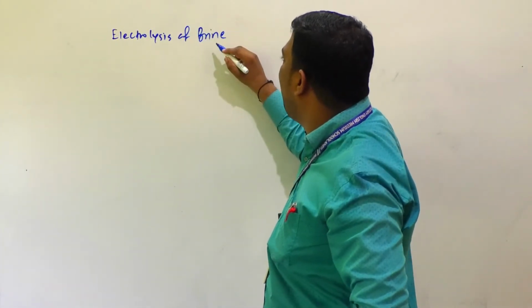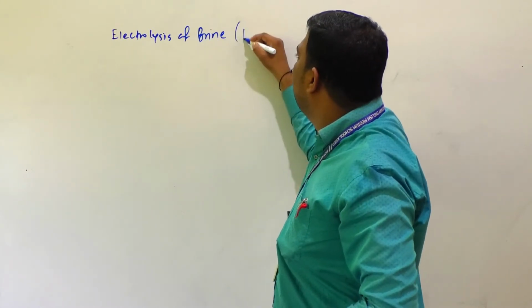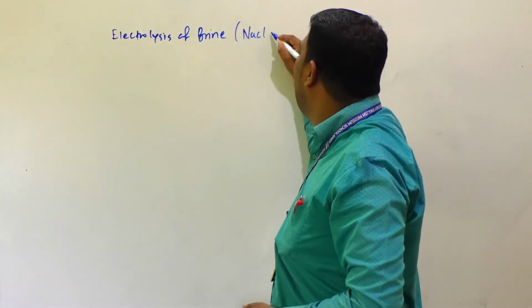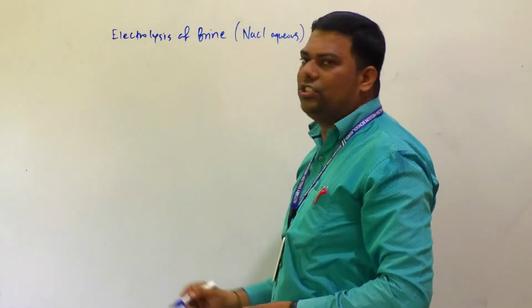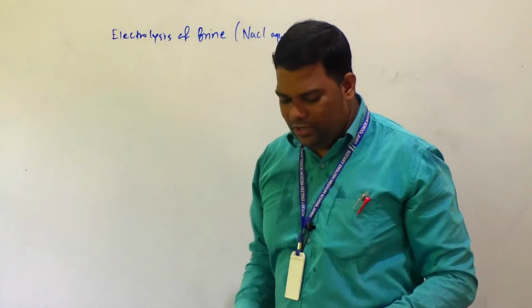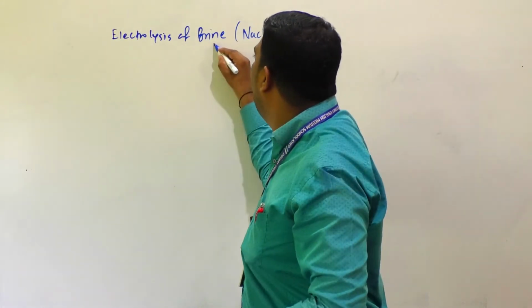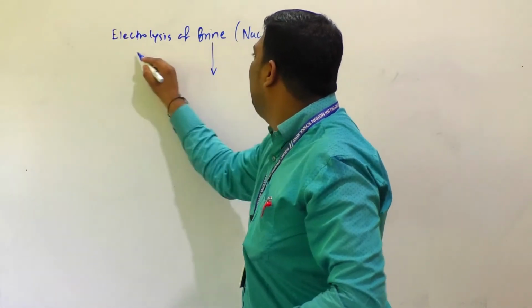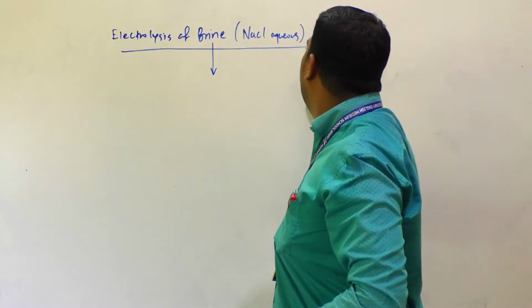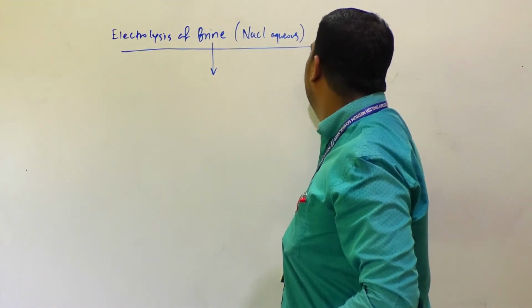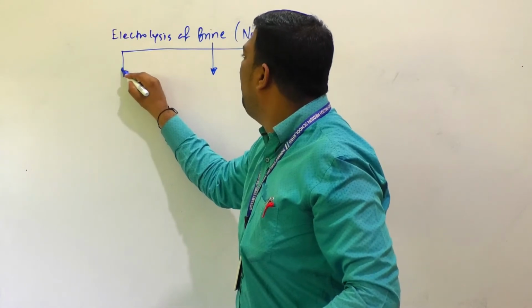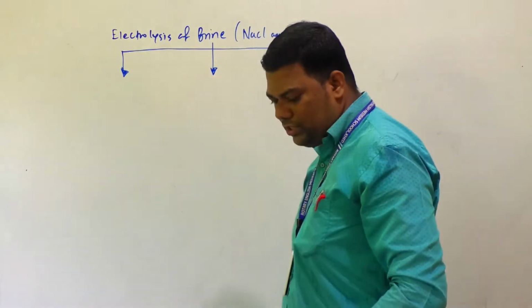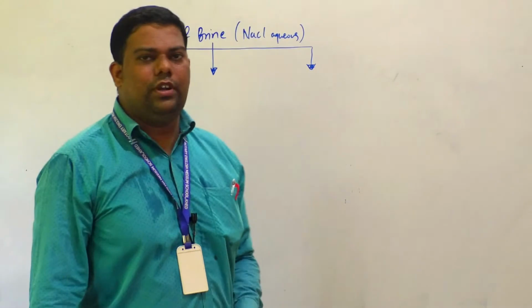So, beta, brine is what? Yes, NaCl aqueous. This thing you know, beta. We have to make this T diagram for the electrolysis of brine solution. How and where we can use this, that we are going to discuss now.